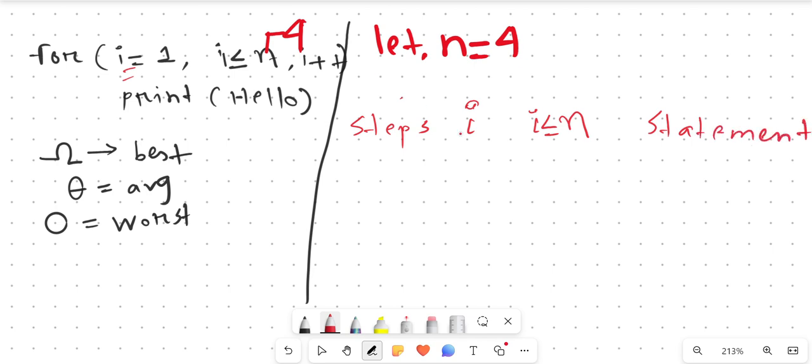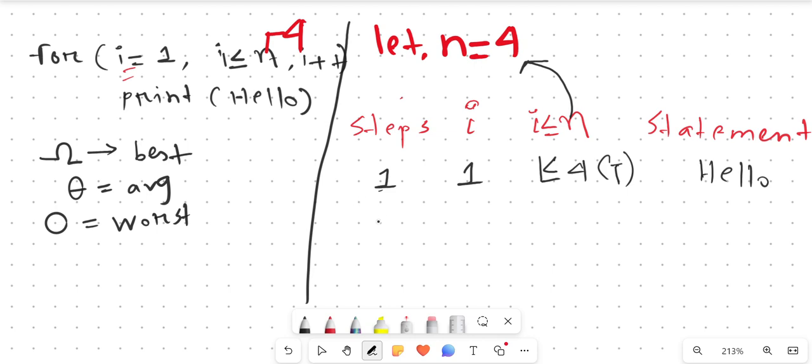In my first step, what is the initial value of I? The initial value of I is 1, and we are assuming n is equal to 4. So is 1 less than 4? Yes, it is true. That means my statement is going to be executed and hello is going to be printed.